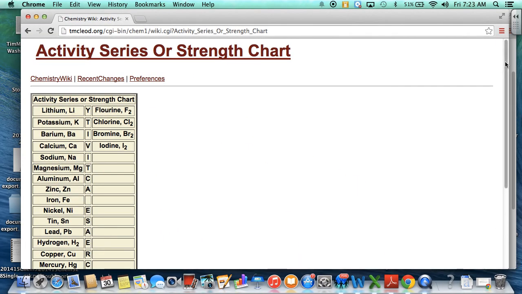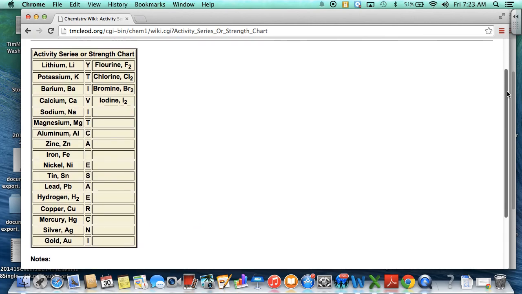And you look at your activity series and you look for calcium and magnesium. And if you don't know what the little words in the middle column are, it's my cute way of writing increasing activity, meaning as you go up the chart, the activity of that material is greater than the activity of the materials below it.